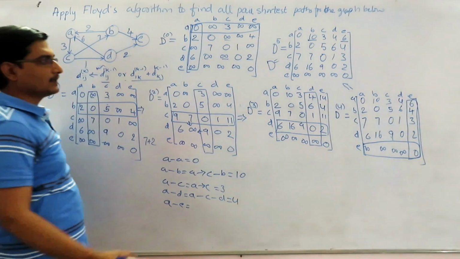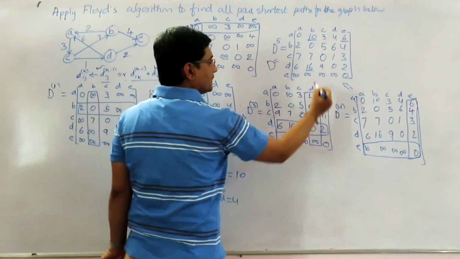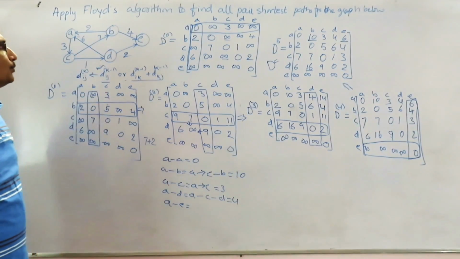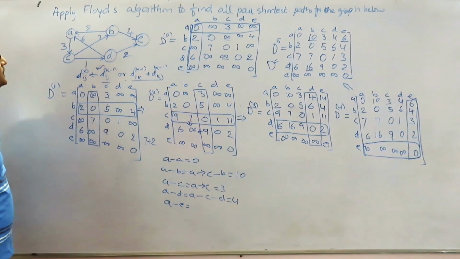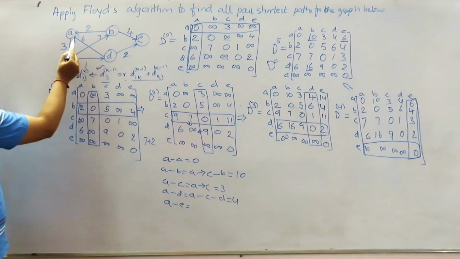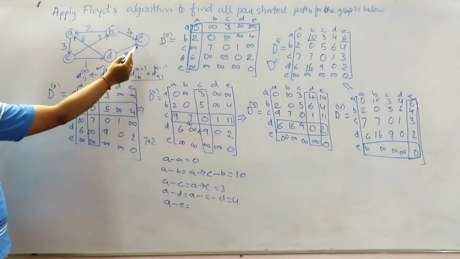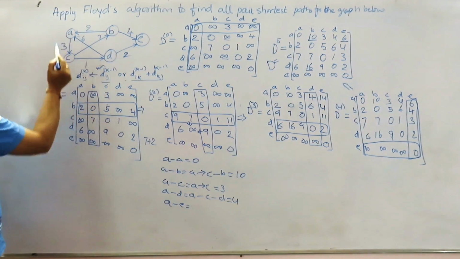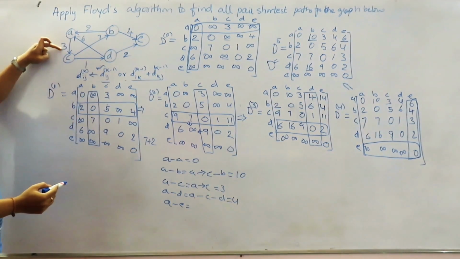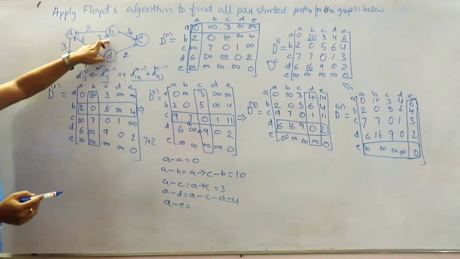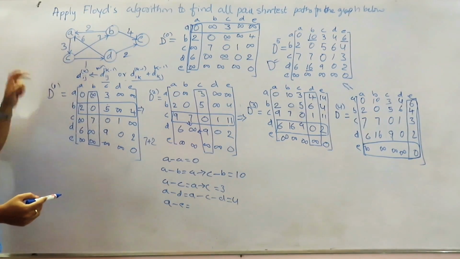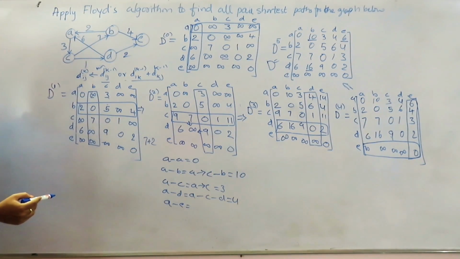Just you can cross check. Under one, it is showing 16, D to B 16. How it is 16? D to A, there are only two outgoing edges, so D to A is 6, then plus 3, 6 plus 3 is 9, C to B, that is 7, so it is 9 plus 7 is 16.